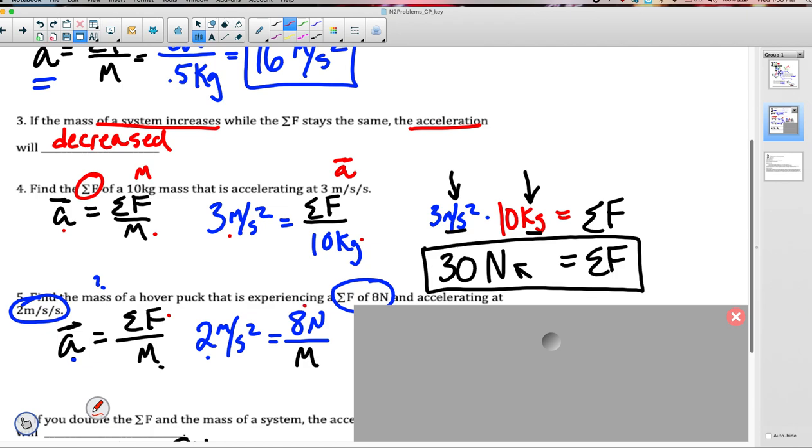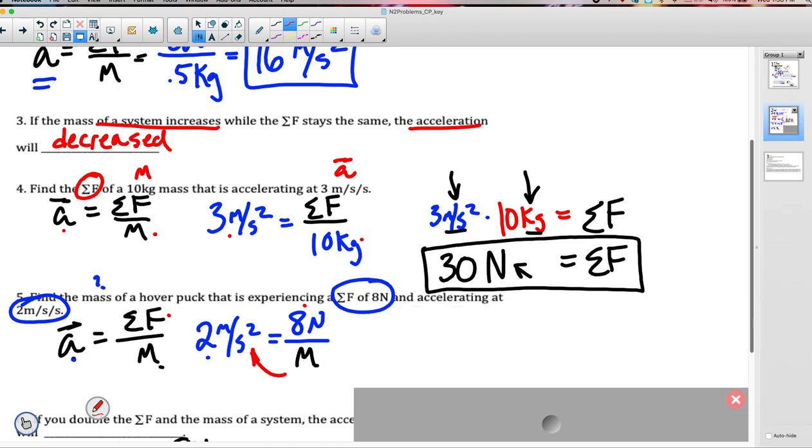Now, mass is on the bottom of that fraction. So to really solve for mass, it's going to be best if we move that up over there. To do that, if we multiply both sides by the mass of the system, now we would have 2 meters per second squared times the mass on the left side, which is equal to the 8 newtons.